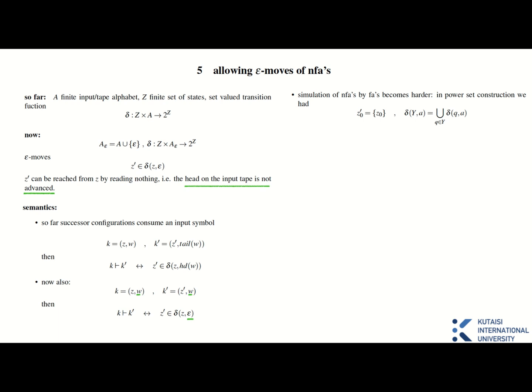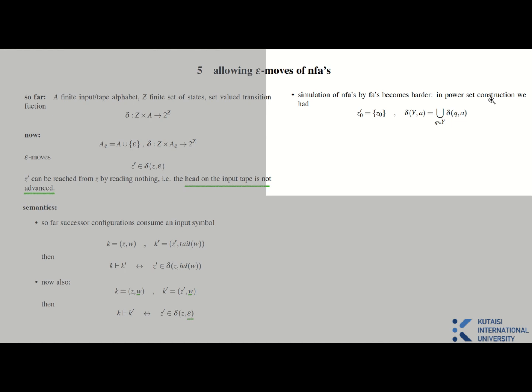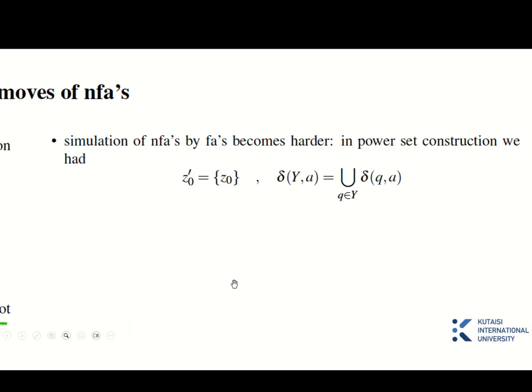Can I create a DFA now? That is my question. If in addition my NFA also has epsilon moves, it's even stronger. Can I construct a DFA in the same exact way? It turns out you can, and let's show you why this is true.